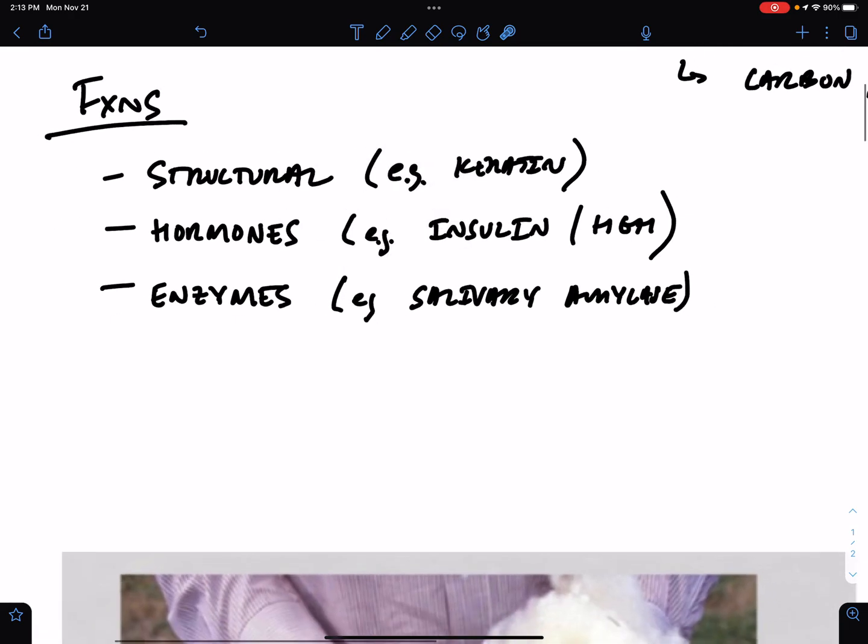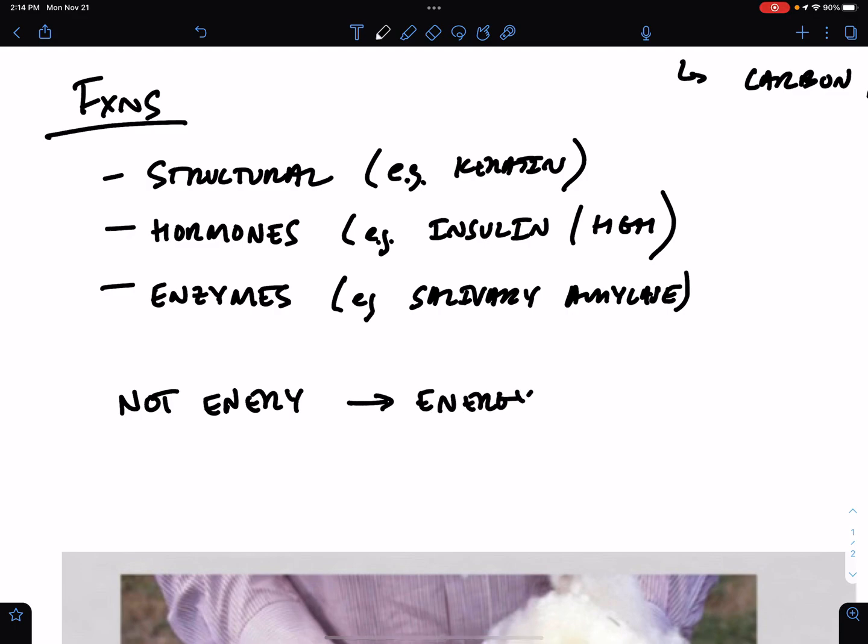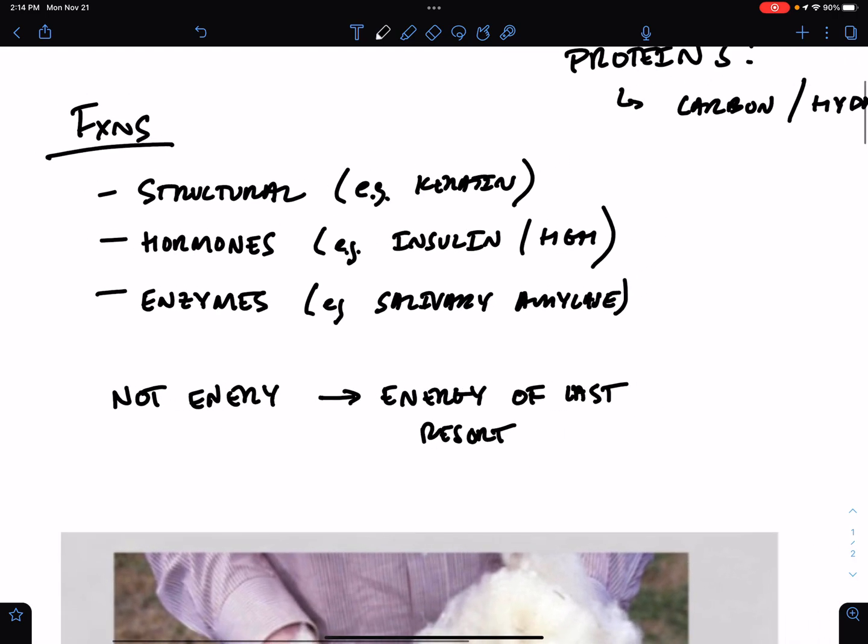Okay, a major misconception about proteins is that they are an excellent energy source, and this is not true. Protein is the energy of last resort of your body. If you are taking protein and you're burning it for energy, this means that you are starving.